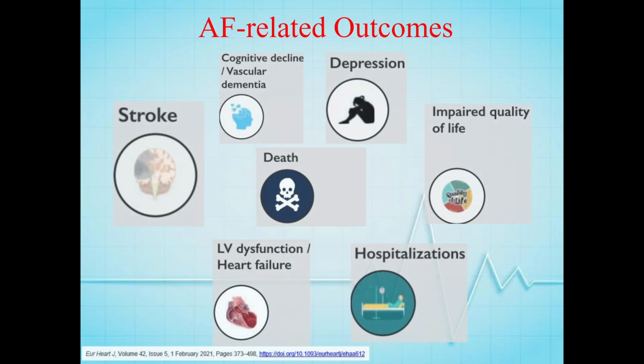AF-related outcomes are numerous and severe. Does that surprise you? Well, through various mechanisms, AF leads to fatal complications. Statistics show that AF is independently associated with an overall 3.5-fold mortality risk increase.